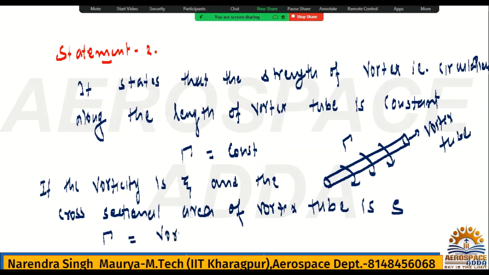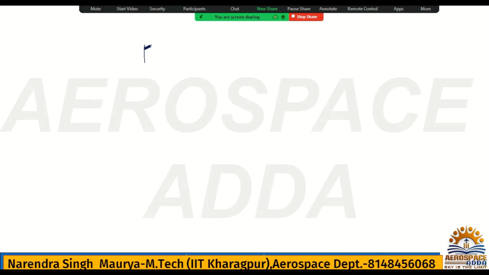Circulation is vorticity into area, that means zeta into S. Okay, so this is nothing but the second statement. What is the second statement? That circulation is nothing but zeta into S. Okay, what is zeta? It is circulation by S.